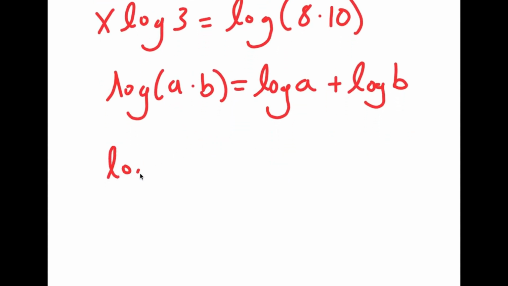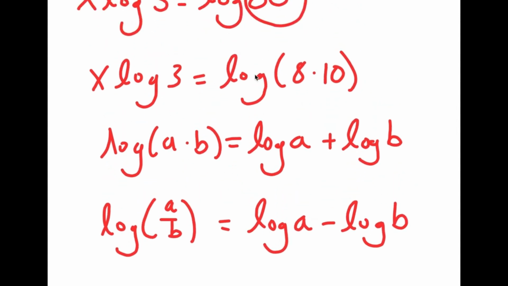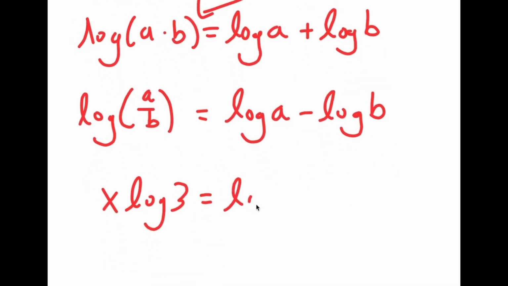There is also log a over b, and if I have something in this form, this is the same thing as log a minus log b. So now going back to the problem, we have log 8 times 10, and we can use this property. So we can think of 8 as a and 10 as b. So x log 3 is equal to log of 8 plus log of 10.